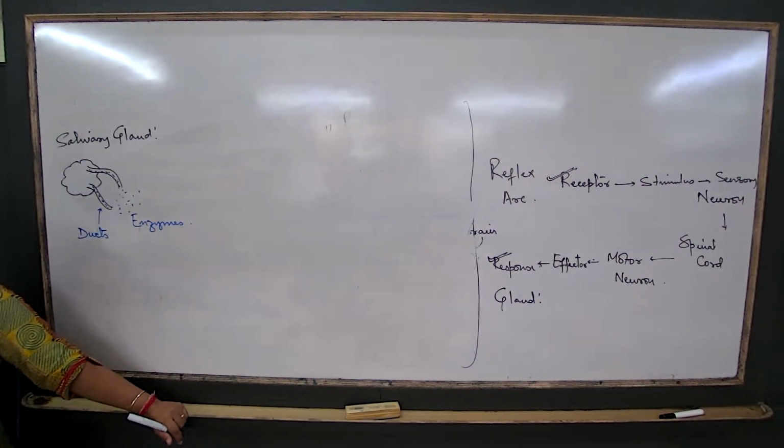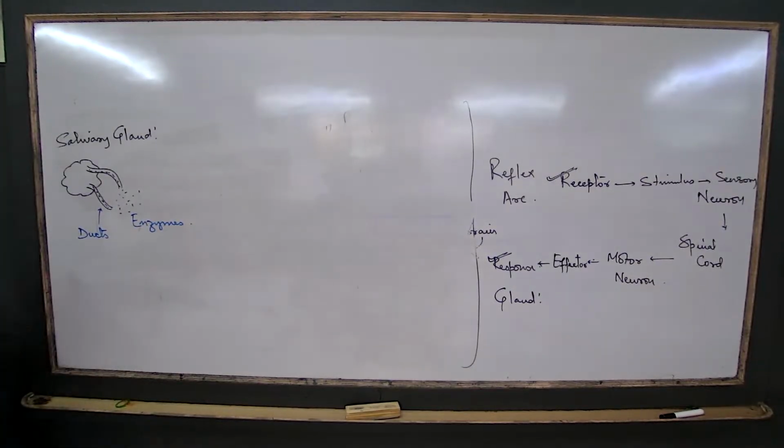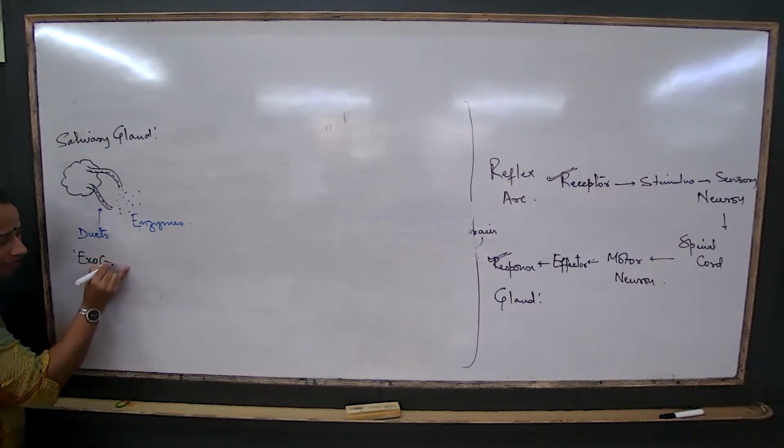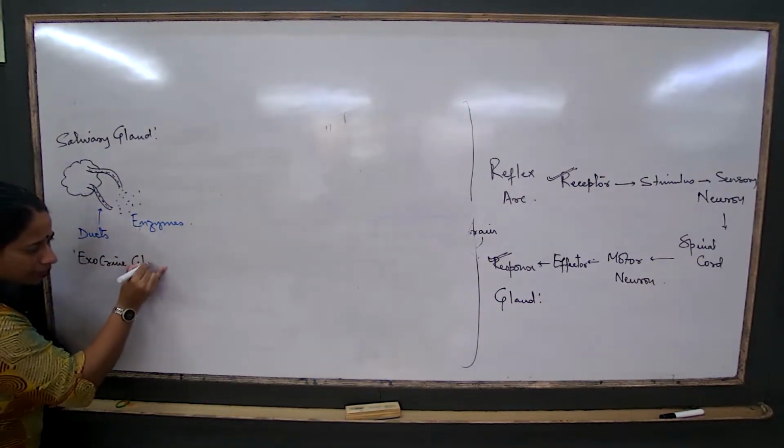Did we ever come across that an enzyme is carried long distances to show its function? Never. So now, this type of glands which are having ducts carry secretions only short distances and show their function nearby wherever the gland is. This type of glands are actually known as the exocrine glands.